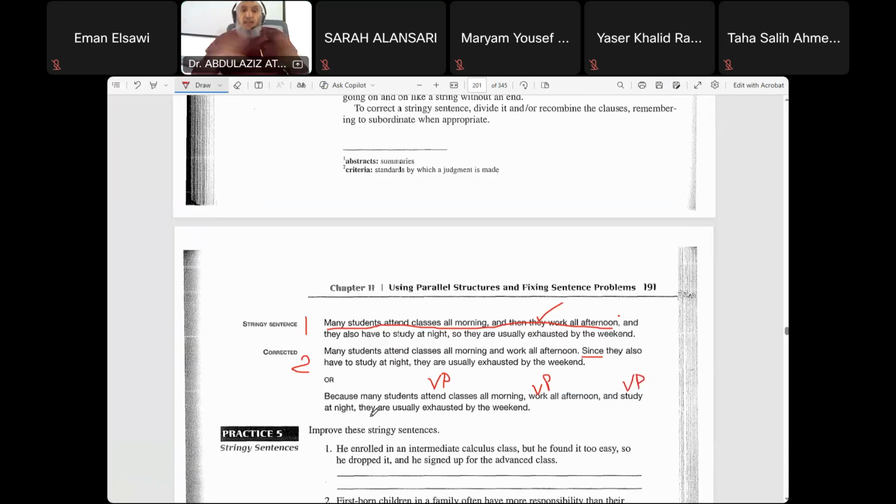See, he linked them with verb phrases. VP, VP, VP. This is better, okay? So he used 3 VPs. That's acceptable. They are all usually exhausted. So you can either split them into two structures, or you can merge them again, but with a shorter structure.